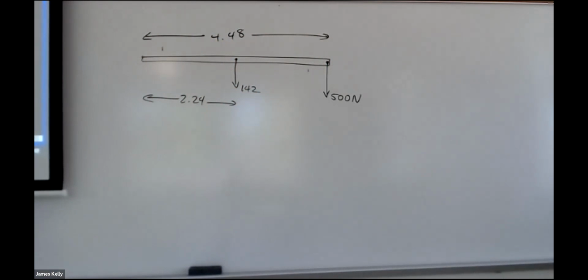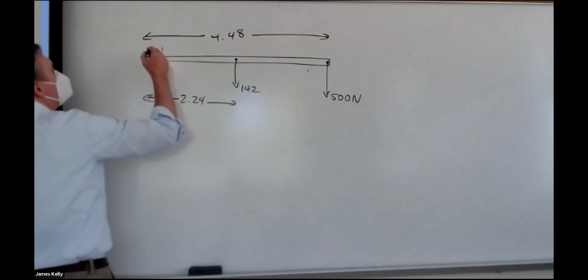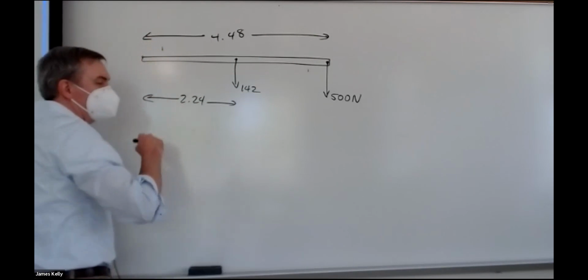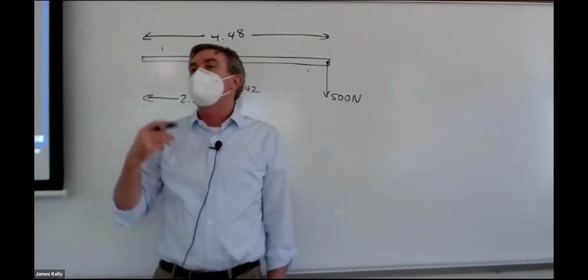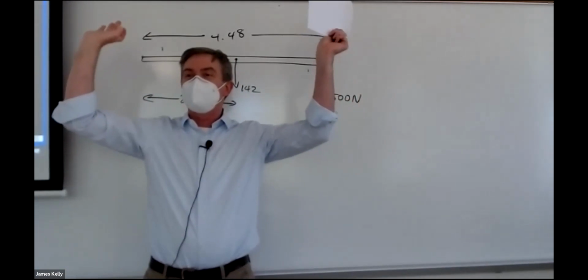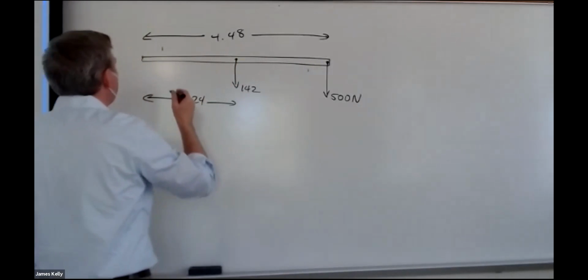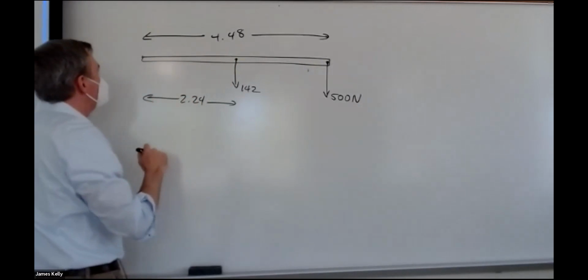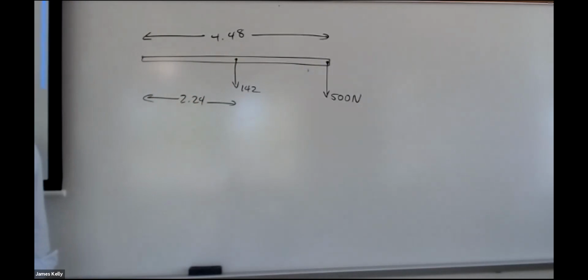And then A and B are exerting forces on it. And honestly, I don't really know if they're up or down forces. It seems like maybe they would both be pushing up. They've got to support the weights of these things. So let's imagine that they're both up. And if we solve for them and we get a minus sign, we'll know we guessed wrong, right?